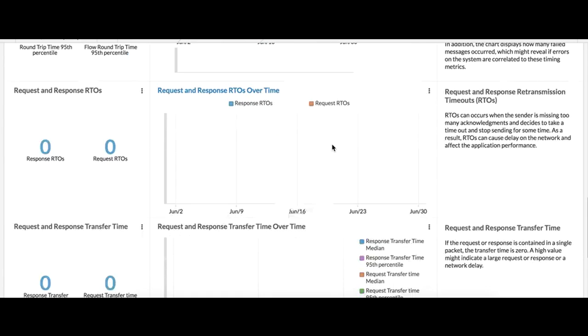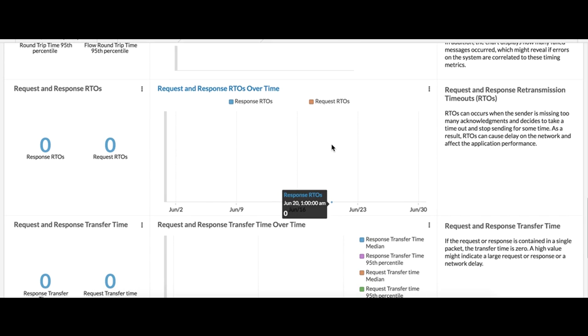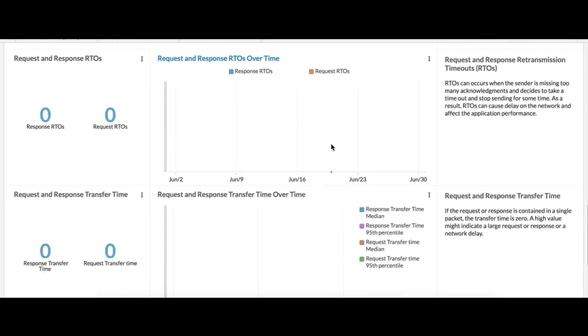The next row shows request and response transmission timeouts, or RTOs. RTOs can occur when the sender is missing too many acknowledgements and decides to take timeout and stop sending for some time. As a result, RTOs can cause delay on the network and affect the application performance.